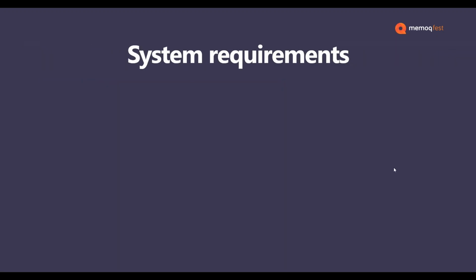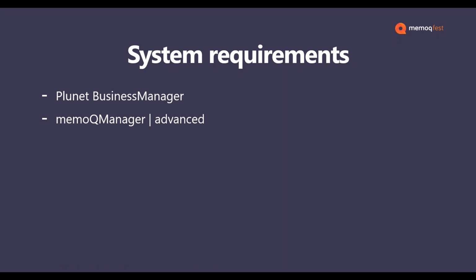The setup that you are going to see today includes the standard software, which is Plunet Business Manager, our dynamic integration to memoQ, which is like a connector to memoQ, and a dedicated module for process automation, which is called the Automation Manager.